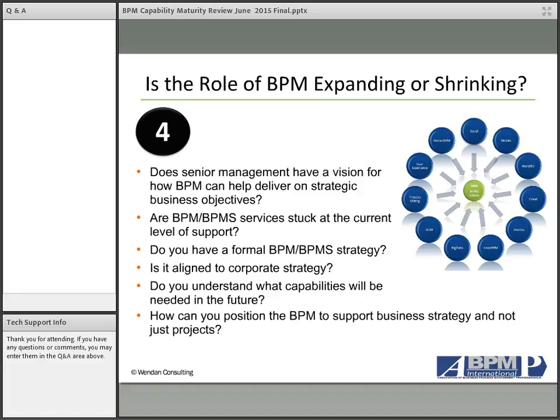You define them within the context of your company and the types of services that the BPM group will provide. And so within the context of those services, what are the capabilities that you need? And then within each of those capabilities, where do you stand from a maturity standpoint in your journey to becoming experts in each of the capability areas?